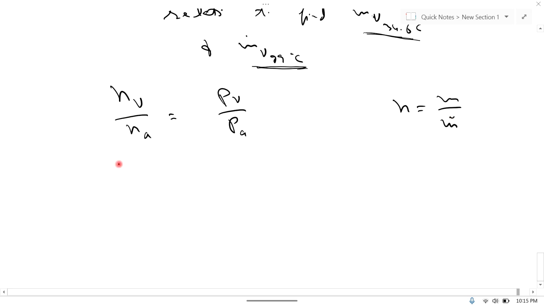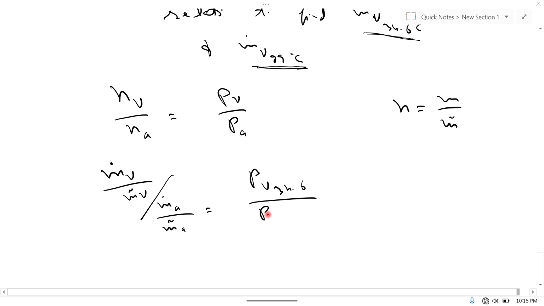So put here mass flow rate of vapor divided by molar mass of vapor, this is the value of NV, divided by mass flow rate of air divided by molar mass of air is equal to PV at 34.6 divided by PA at 29 degrees centigrade.